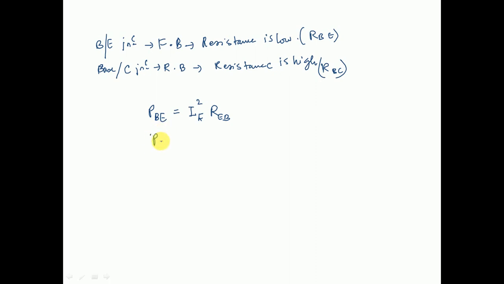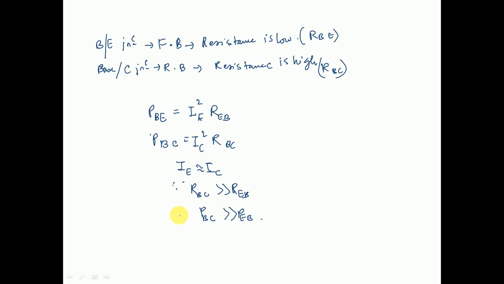Basically, the power for the base collector circuit will be IC square into RBC, right? Now IE and IC are comparable numerically, yes or no? Since RBC is obviously far greater than REB because of reverse biasing and forward biasing respectively, you can write PBC is far greater than PEB.